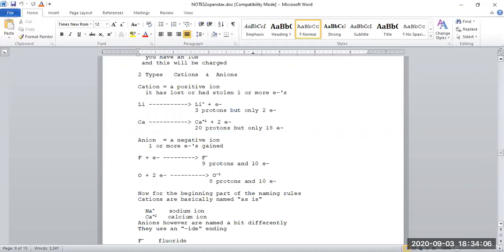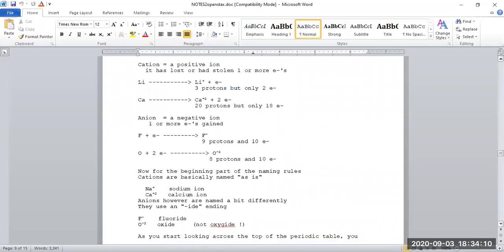So now we are beginning to embrace the naming rules. Now, things that are cations are not conjugated. Remember I said it's kind of like learning a new language? We don't conjugate the cations, kind of like we don't conjugate nouns in English. If it's an Na with a plus, we just call it a sodium ion or sodium cation.